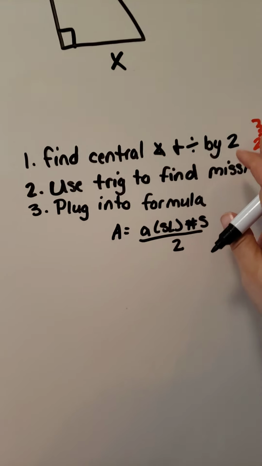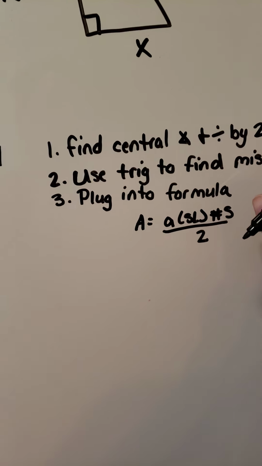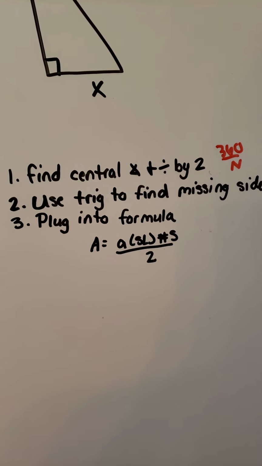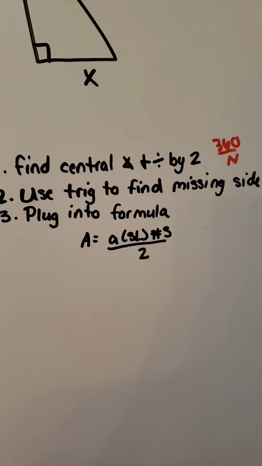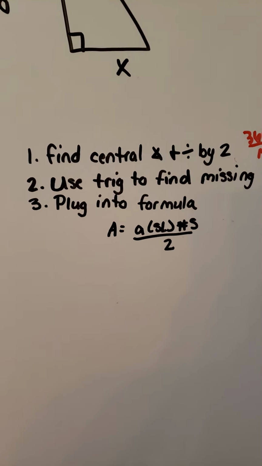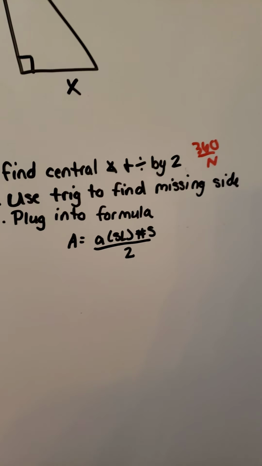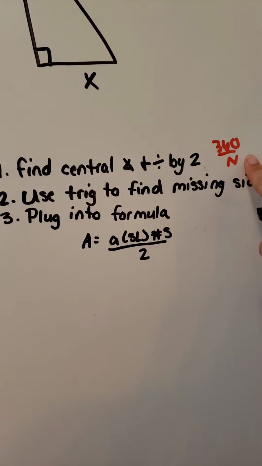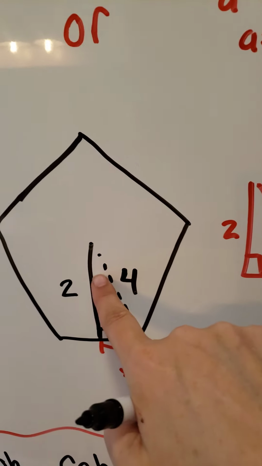Essentially, it's the same thing. If you're not doing it that way, I don't care. It's fine. Just do 360 divided by your number of sides, and then divide that answer by 2. Okay? So 360 divided by n finds your central angle, and then divide that answer by 2. And that's going to give you the measure of this little guy right here.